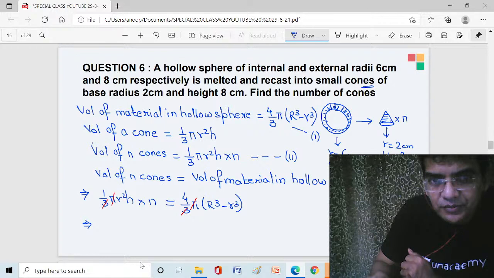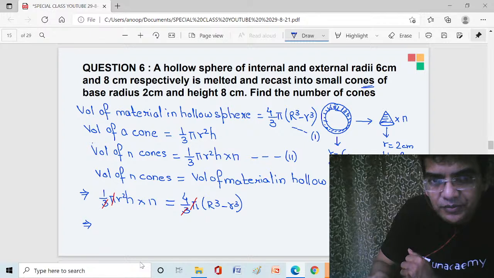Now on the right side, as I told you, taking common will always make your calculation easy. You can see from these two, you can take 2 cube common. So I am taking 2 cube common. Here I am left with 4 cube and here I am left with 3 cube.